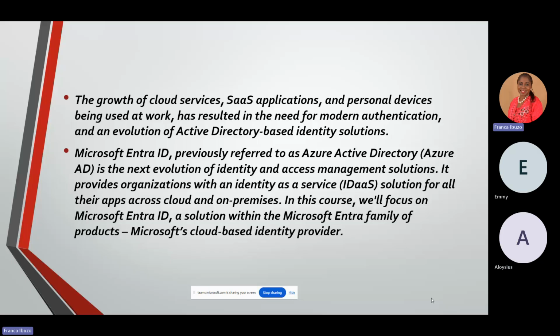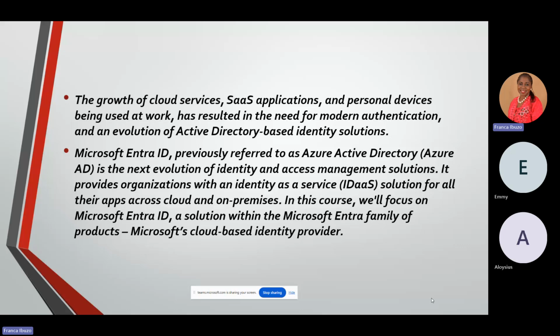So this is the next evolution of identity and access management solutions. When we say identity and access management solutions, that's the IAM. When you talk about IAM, we're not referring to the I am that I am here, we're referring to identity and access management.